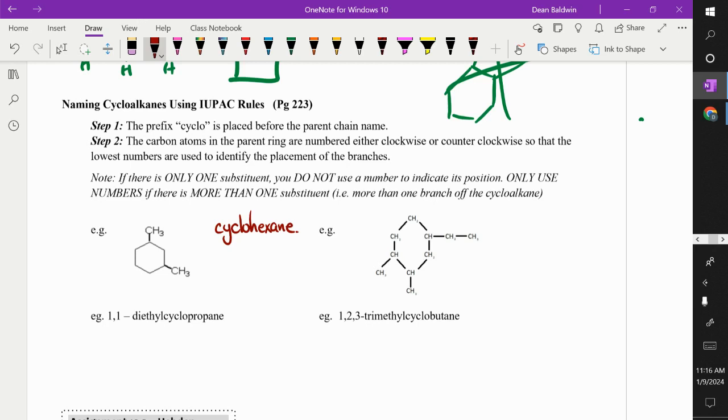So we have this, the base ring is the hexane. We'll start here. Call that 1. Am I going to go clockwise or counterclockwise to get the lowest number? You're going to go clockwise because you're going to go 2, 3. If you want the other way, that would be 1, 2.